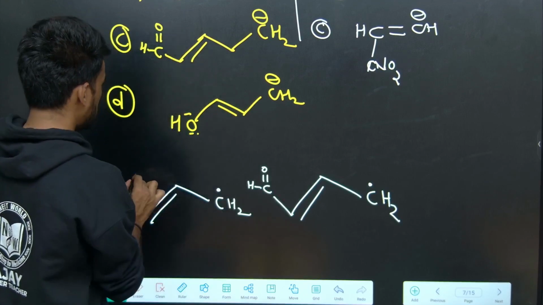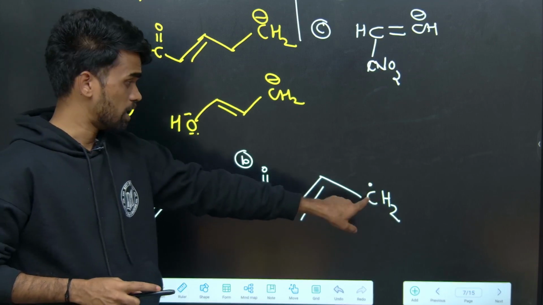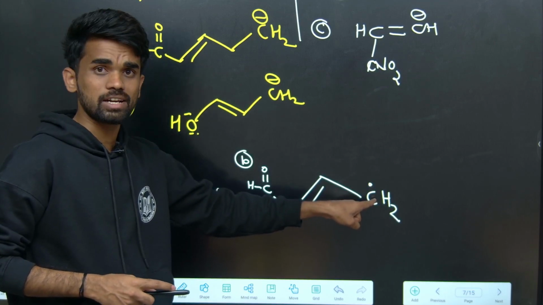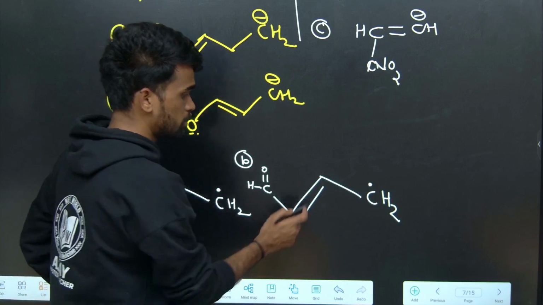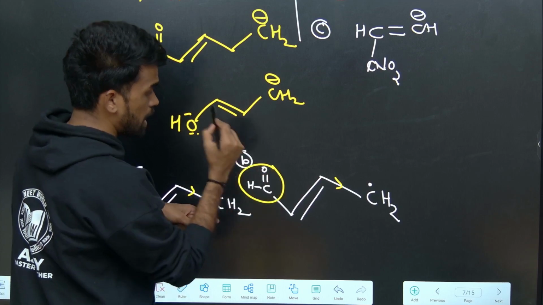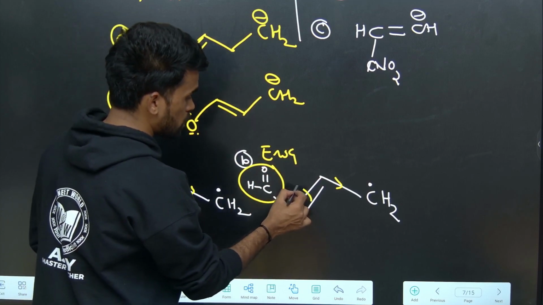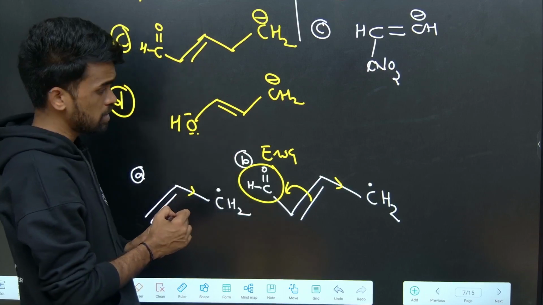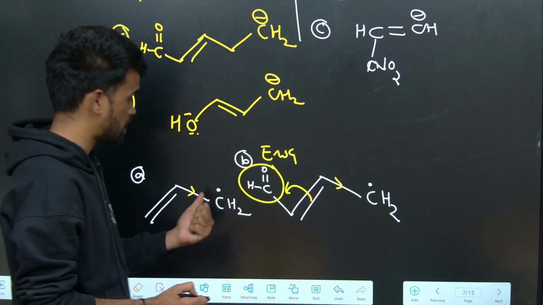So tell me, out of A and B, which is more stable? We know this carbon has only 7 electrons. It means electron releasing groups stabilize these free radicals. Electron should be released like this, but here we have an electron withdrawing group, which will only withdraw the electrons towards itself. So this carbon free radical is getting destabilized when we compare with this.